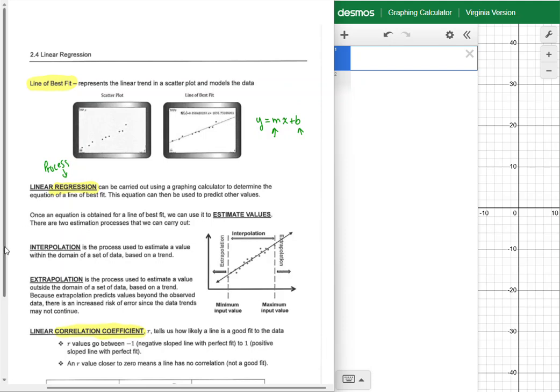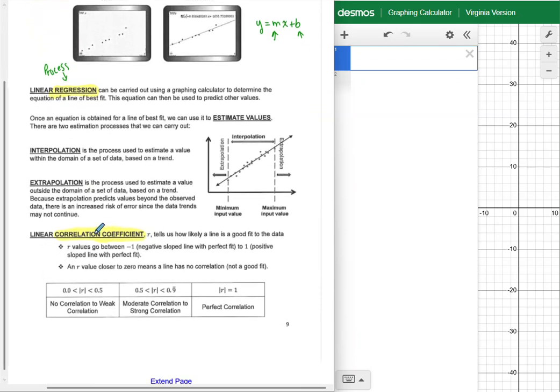And then finally, the correlation coefficient basically tells you the fit of a line, how good the fit is, to see if we're missing anything for the scatter plot. Desmos will give us this number, and it is going to be a number between 0 and 1.